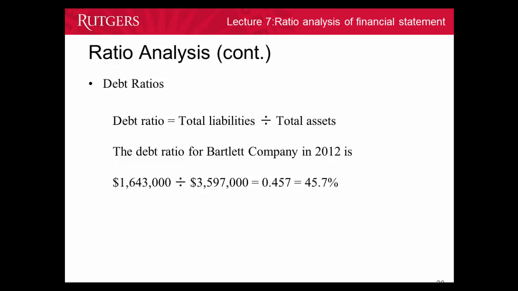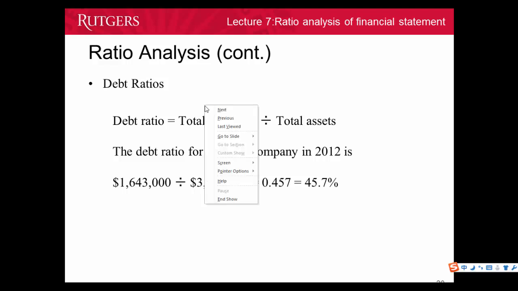Another ratio is called the debt ratio. I guess you are familiar with it. It is to use the total liabilities and divide this by total assets. Again, we can find this information on the balance sheet.